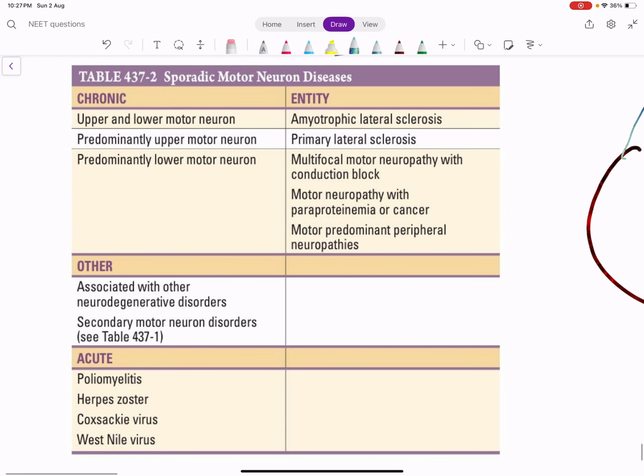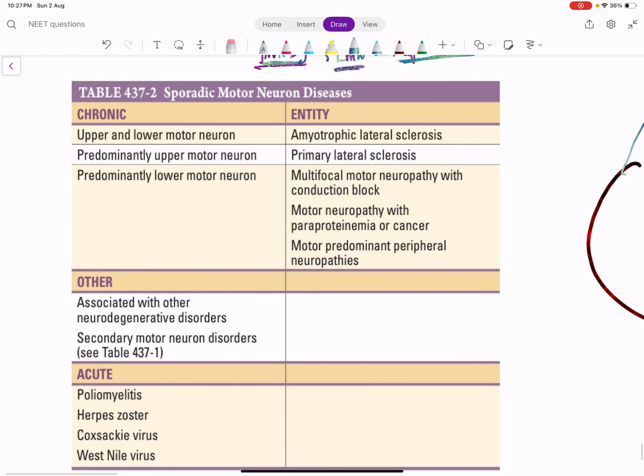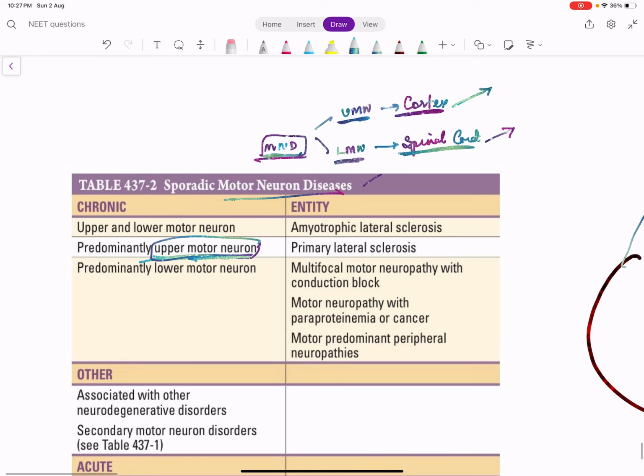So motor neuron diseases can involve predominantly UMN. It can involve predominantly LMN. There are some diseases which involve both UMN and LMN. Predominant UMN lesion is primary lateral sclerosis, if you try to remember.